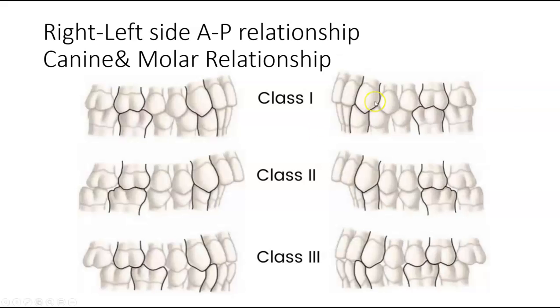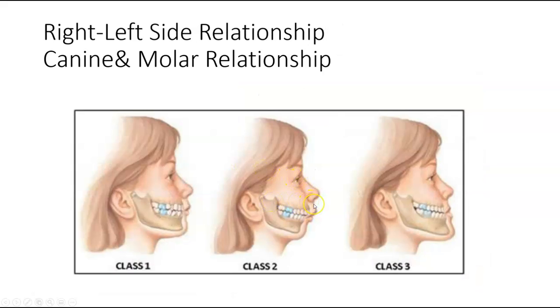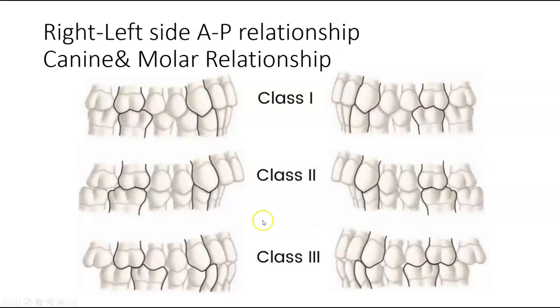And then in class 2, we see the opposite. If we look at the outlines, we see that the front two teeth are shifted forward. Remember, the upper jaw is shifted forward. And here we see that the opposite relationship happens because it's the wrong relationship. We have half a cusp of the upper molar over the bottom molar, and we see half a cusp over the bottom canine.